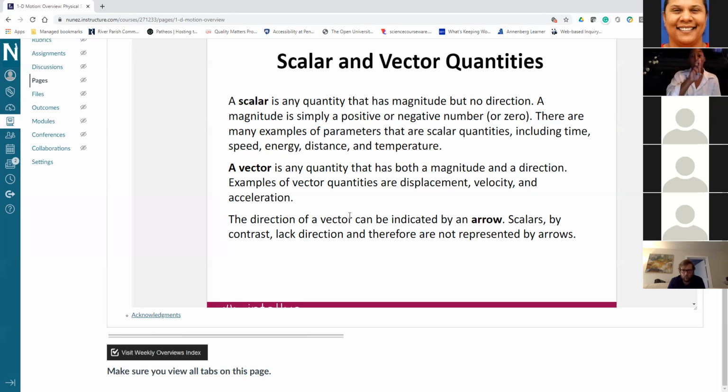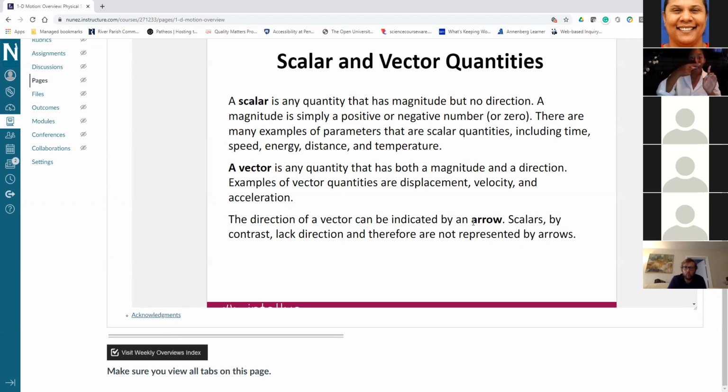So since a vector has direction, we have to have a way of visualizing it or drawing it or indicating it. We need a symbol to show that it's a vector property. And a lot of times in textbooks or examples, they'll use an arrow to represent a vector property.